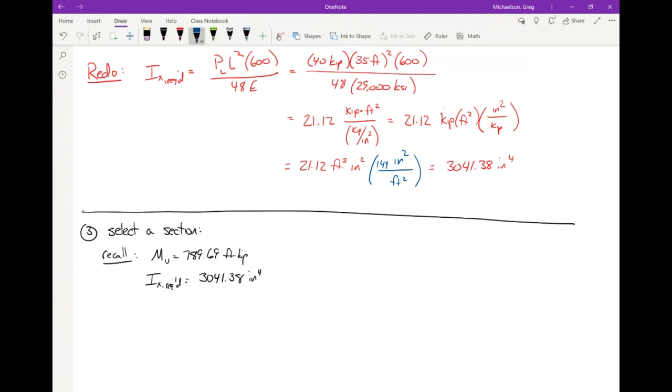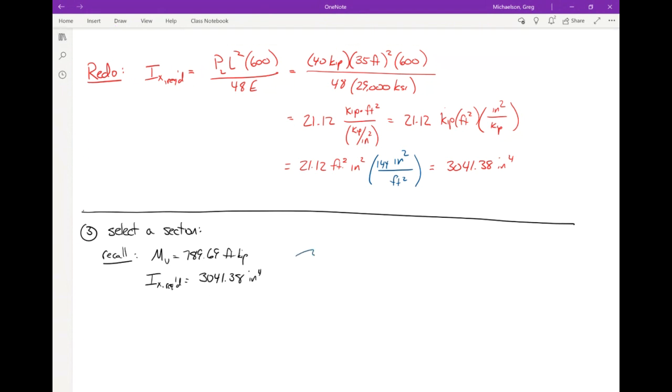So what we're going to do is look up the lightest shape with a phi Mp greater than or equal to 789. Help me out. What is the lightest section here that has phi Mp greater than that? Everybody in chat, help me out.